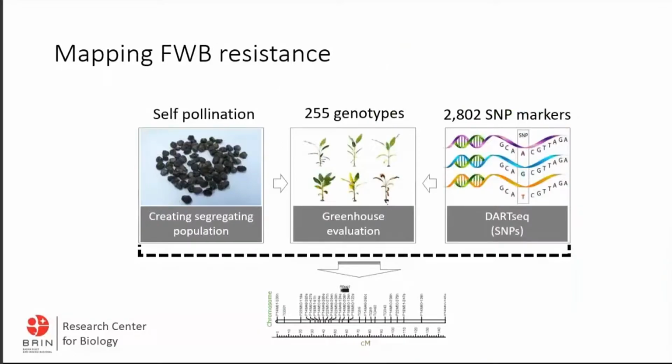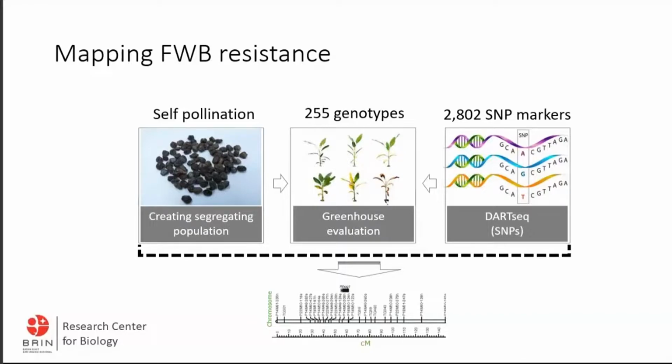So these are our steps for the mapping. We started with creating the segregating population by selfing pollinations. We selected 255 genotypes for greenhouse bioassay and genotyping. The genotyping is based on DArT sequencing, and from 32,000 markers retrieved, we filtered to 2,800 SNP markers.